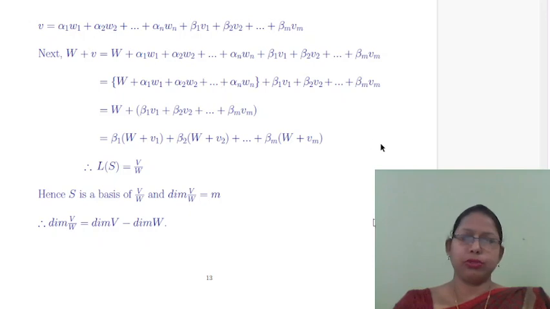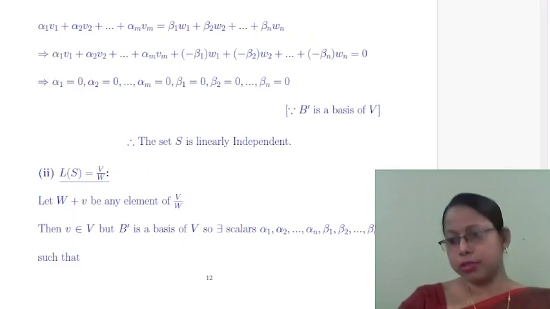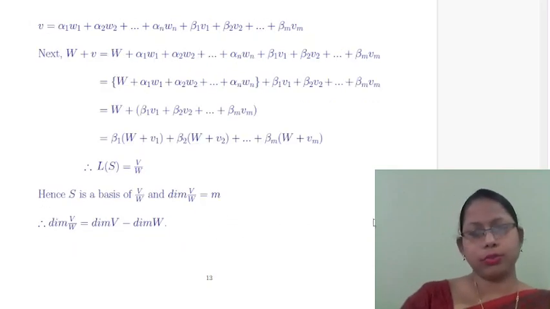This element belongs to the linear span of S. Therefore, V by W is a subset of the linear span of S. That is, if we consider any element in V by W, we get this element in the linear span of S. So V by W is a subset of the linear span of S. Hence, the linear span of S is V by W. That is, the linear span is equal to the vector space V by W. That is, S is a basis of V by W.